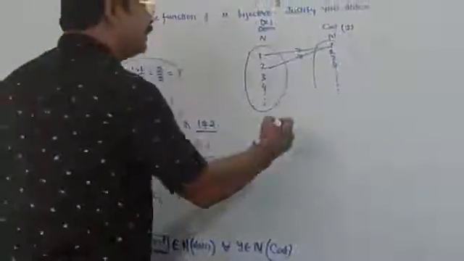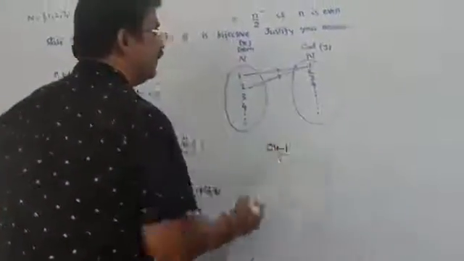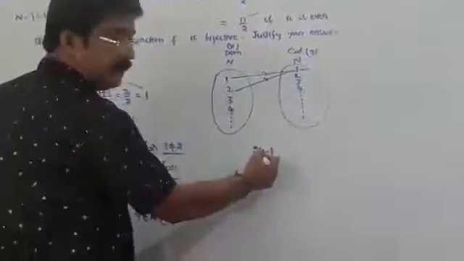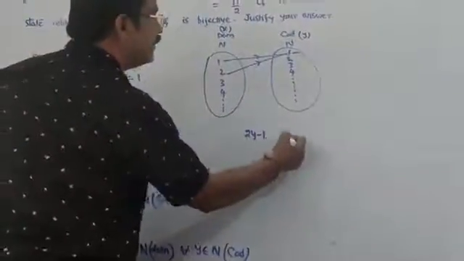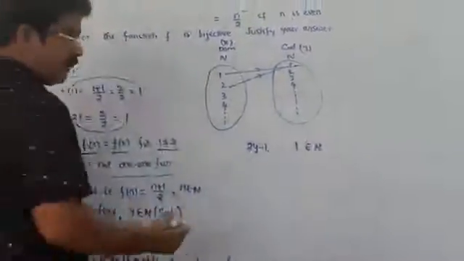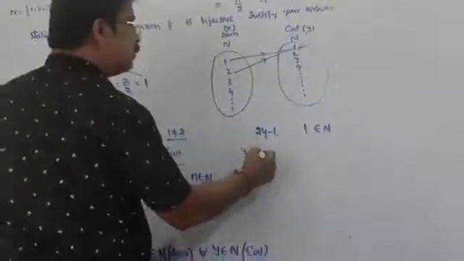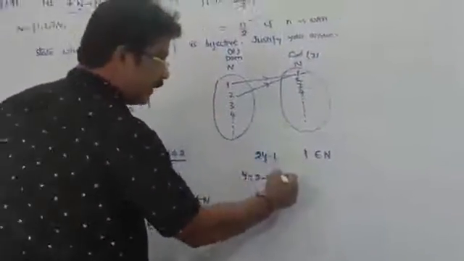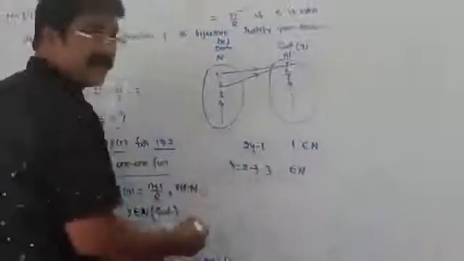What is this question? 2y minus 1. First, put y equal to 1. 2 into 1, 2 minus 1, that is equal to 1. Okay, it also belongs to natural number. Next, y equal to 2. Then 2 into 2 is 4, 4 minus 1, 3. It also belongs to natural number.